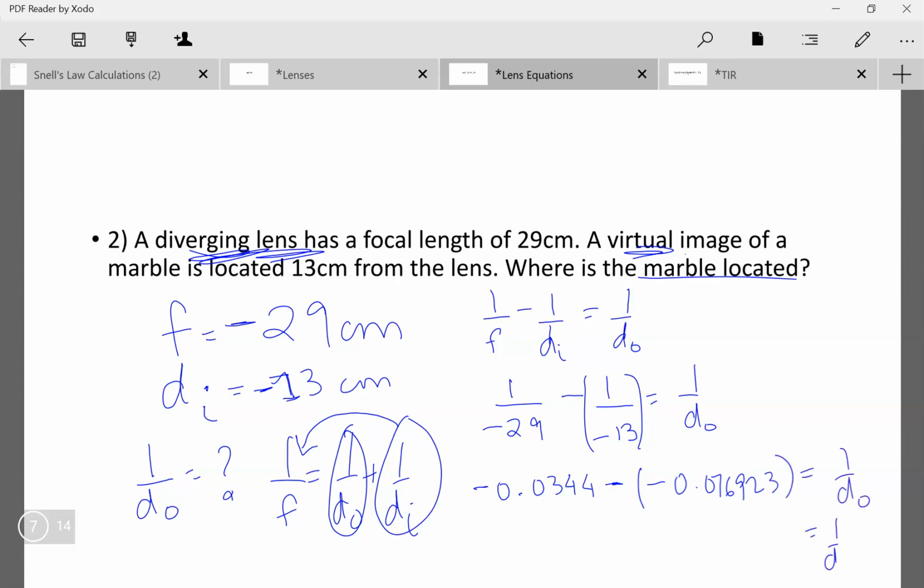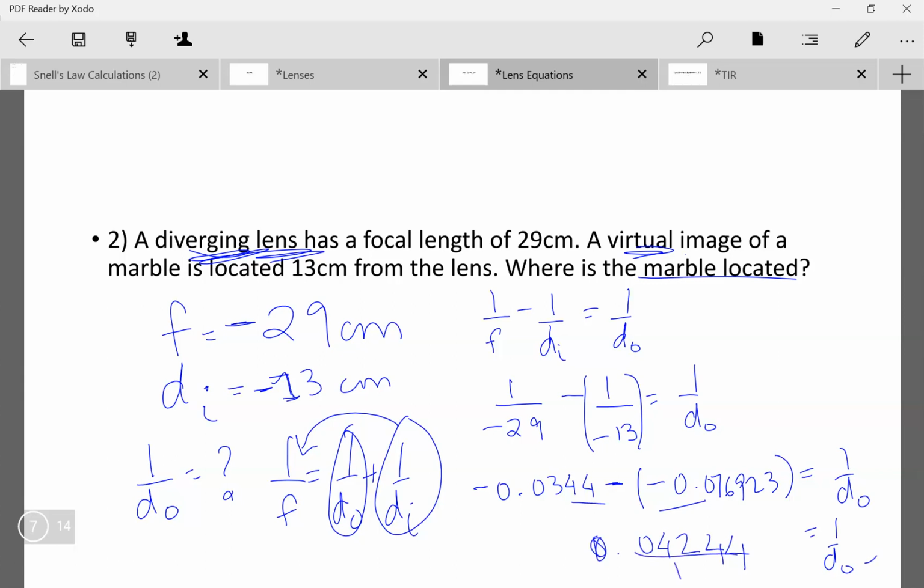So 1 over do is equal to 0.04244. Right, so that's what I'm getting when I do this calculation. And that's 1 over do.